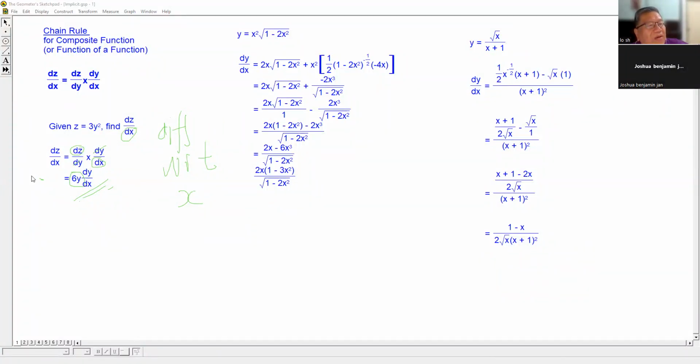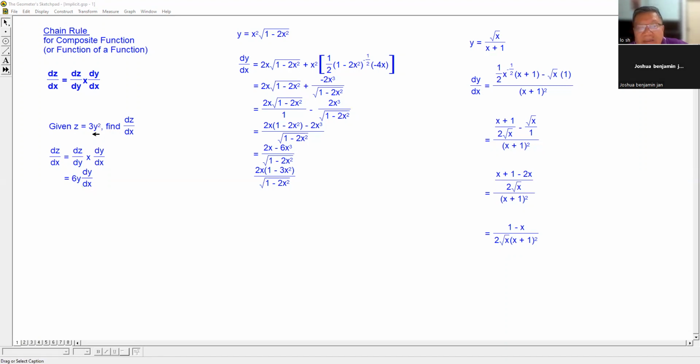Okay, never mind. So first of all, you differentiate with respect to y here, then you put down dy dx behind. That's how you differentiate, right? One more time, how to differentiate this with respect to x?